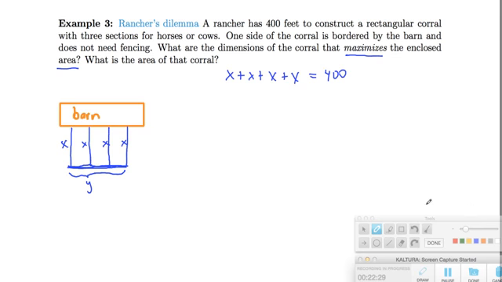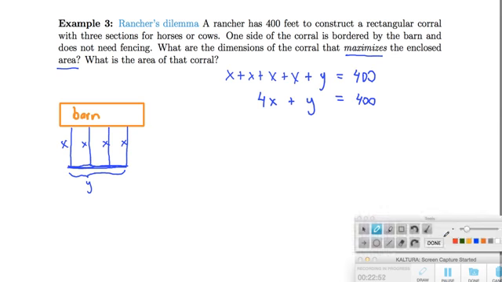Oh, I'm sorry, plus Y, of course, because the Y is part of the fencing as well. This needs to be equal to 400, right? So that means 4x plus y equals 400.